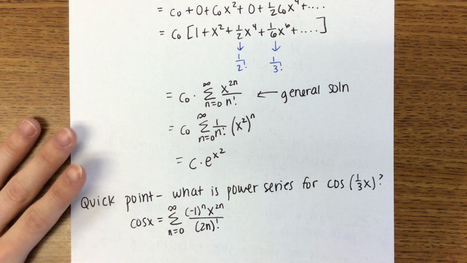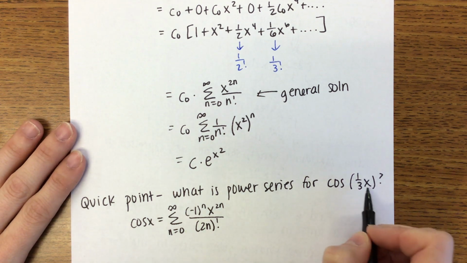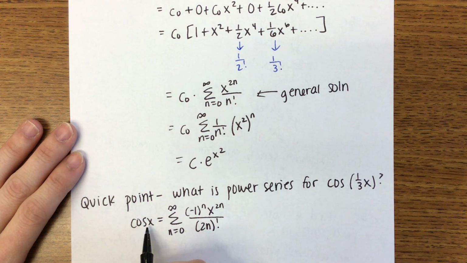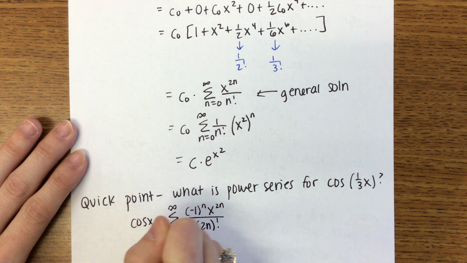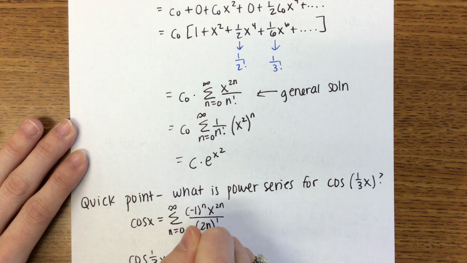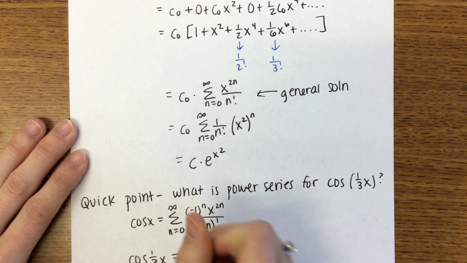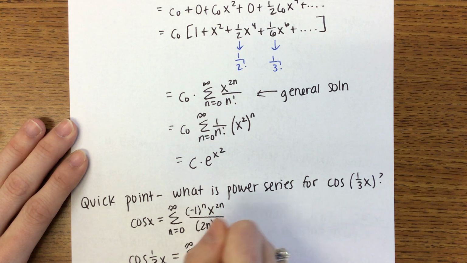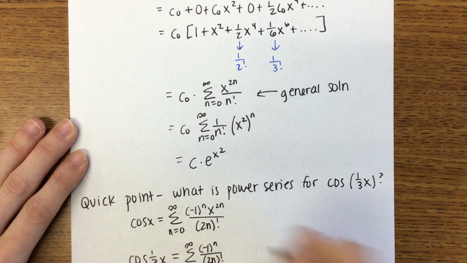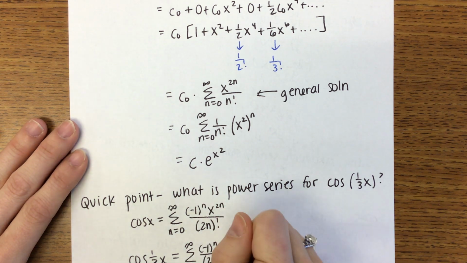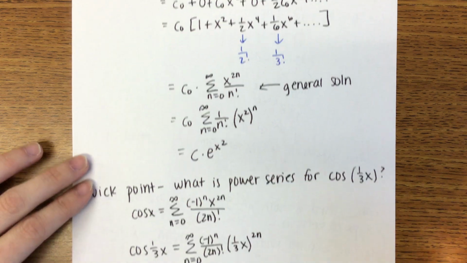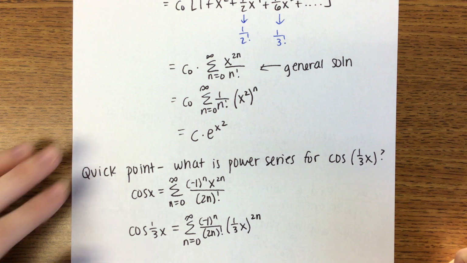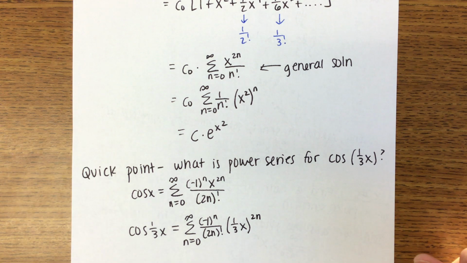Okay, so I already alluded to this earlier today. 1/3 x, if compared to cosine of x, you're going to plug that 1/3 x in the space of x. So we get the sum from n equals 0 to infinity of -1 to the n over 2n factorial. In place of x, you put 1/3 x. So that is our power series for cosine of 1/3 x.